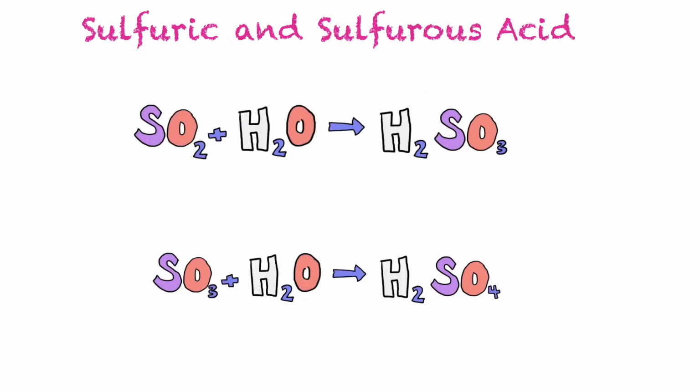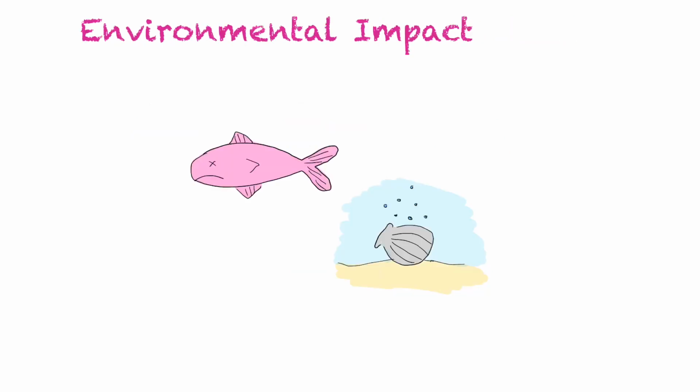Sulfur dioxide will then react with water vapor to form sulfurous acid, and then sulfur trioxide will also react with water vapor, but it will make sulfuric acid, or H2SO4.